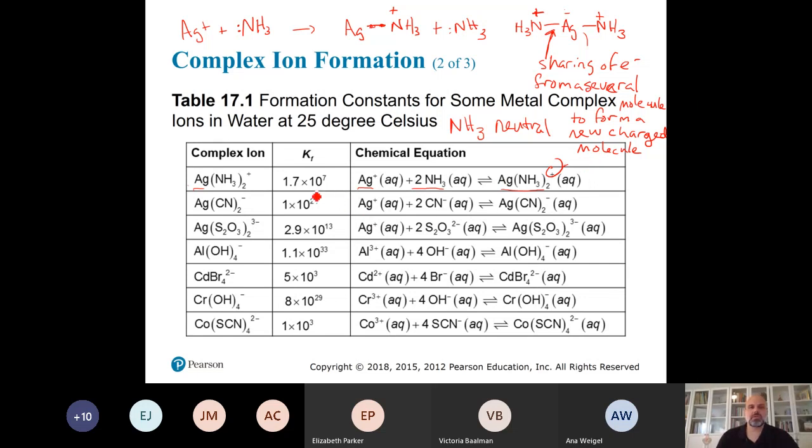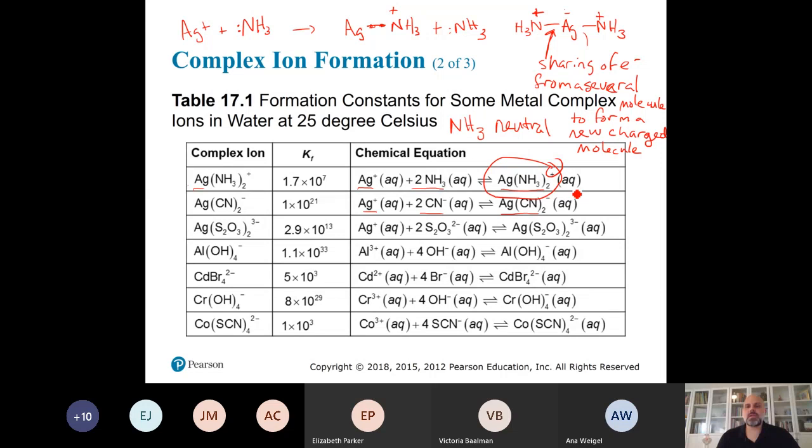Down below, the silver reacts with two cyanide ions to give us silver cyanide with an overall negative charge. You could draw the exact same sequence here, and you'd have extra negative charges coming from the cyanide this time. With S2O3, you can end up with an overall -3 charge. These are all new ions being formed on the right-hand side of the equation.